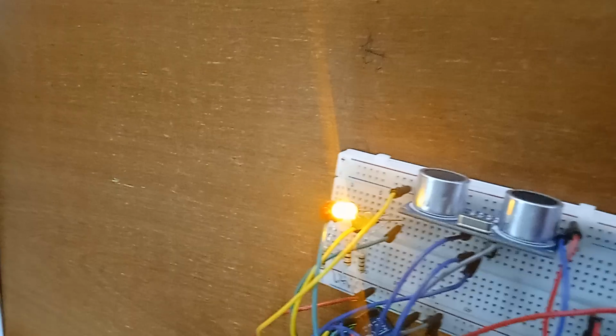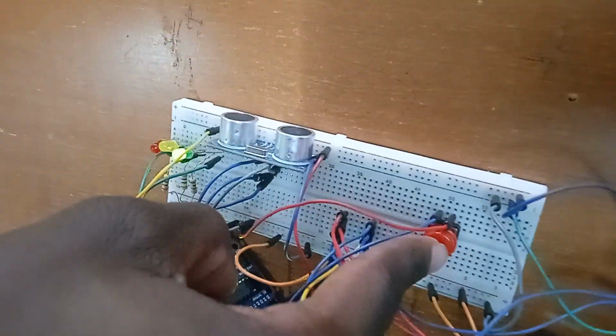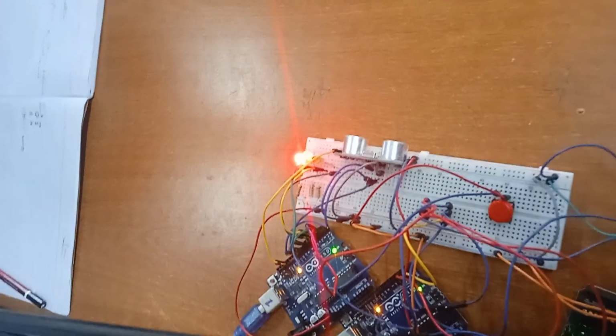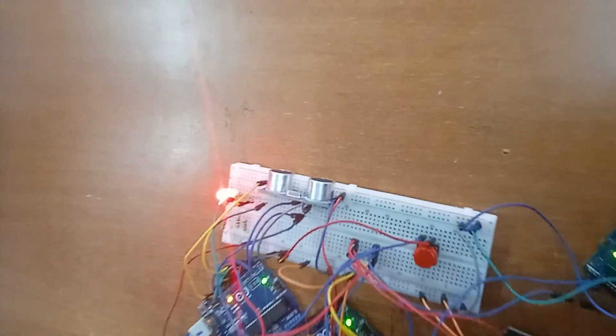When a pedestrian wants to cross, they press the red button. In real time, the red button switches the system to the red LED, and the serial monitor shows that the red light has been implemented, and then the pedestrians are able to cross.